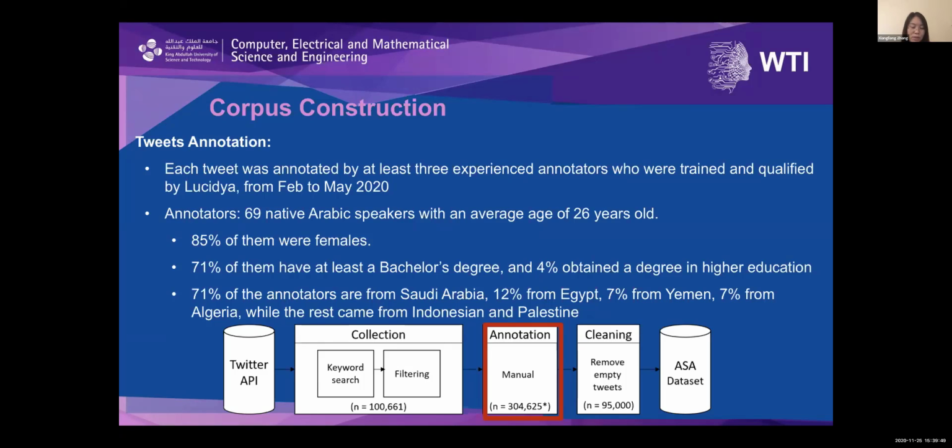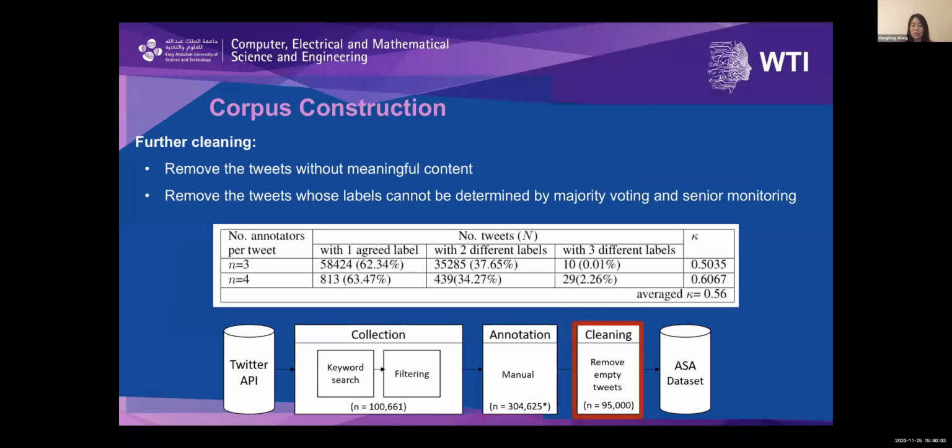By the way, as you can see, the annotators are mostly female, and they have at least a bachelor degree. Most of them are from Saudi Arabia, but of course we have some from Egypt, Yemen, Algeria and other places. When we had this annotated data, we further cleaned it because we don't want to release data for computation if it doesn't have any meaning, right?